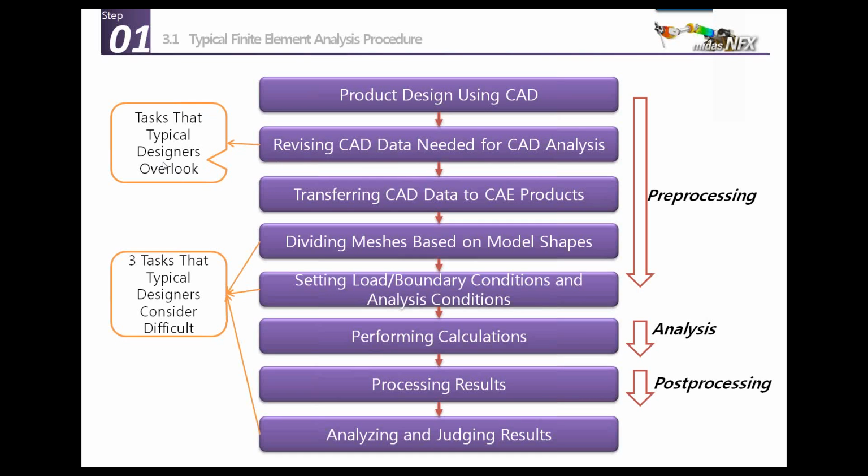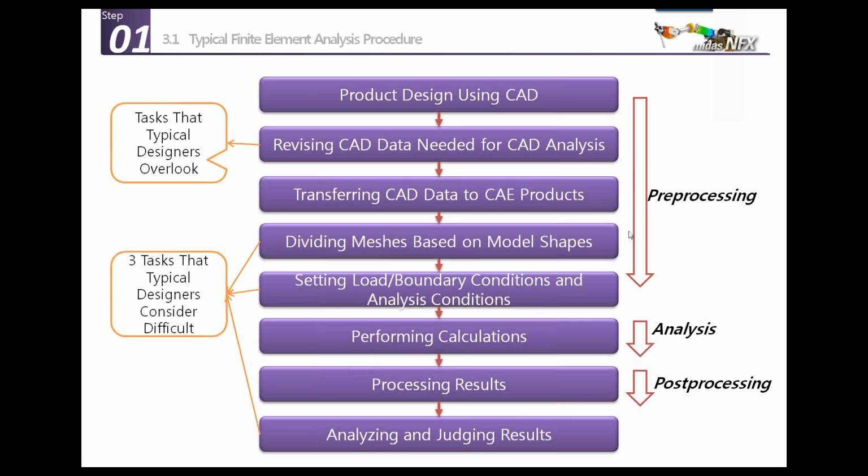And this is typically something that the designer overlook. So they took directly the CAD model and they think they can run the simulation directly on that. But it requires some experience actually to simplify the model. Then the second step is transferring the CAD data to CAE product and divide the mesh based on the model shape and then do the setting of the load and boundary condition and analysis condition.